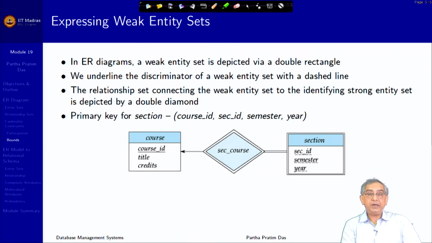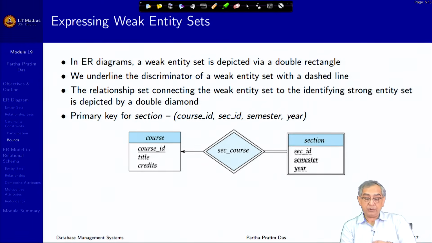So, what is remaining for the weak entity set? I need to know the discriminator. The discriminator is shown in the section entity set representation by a dashed underline of the attributes. So, section ID, semester and year, this triplet is the discriminator, underlined with dashes, saying that this is a discriminator, not a primary key.